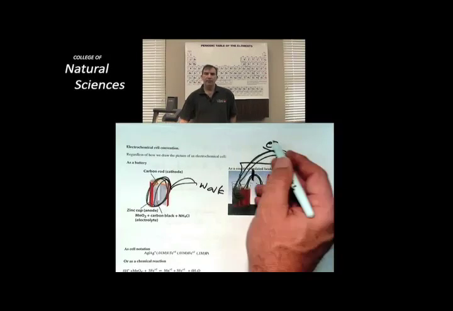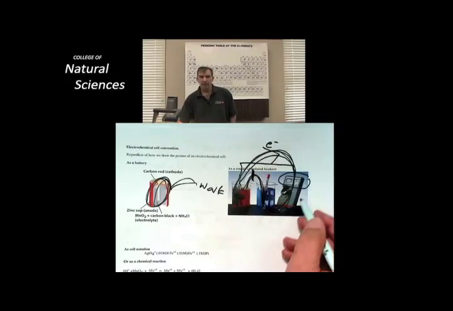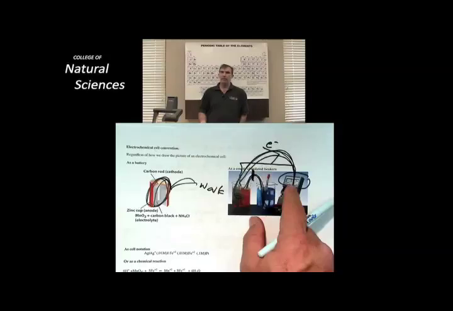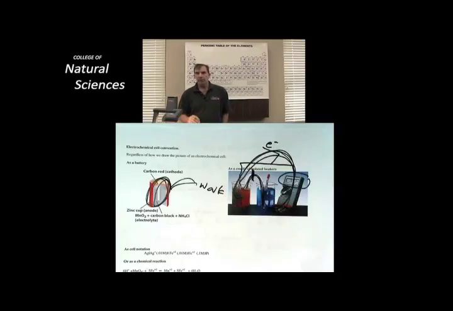So having the electrons move to the right or to the left is how I distinguish E being positive or E being negative. And once I've decided whether this is the cathode or the anode that I'm working with here, I can talk about the electrons moving through the external circuit to the cathode or through the external circuit to the anode. Let's see what the particular cell convention for that happens to be.